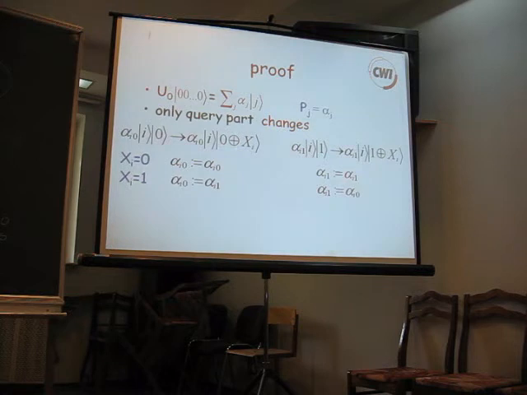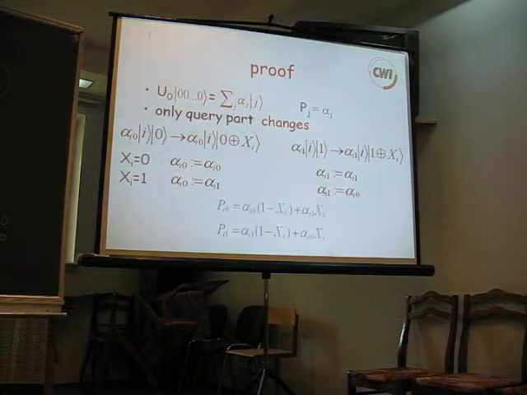So the I1 amplitude now is equal to the I0 amplitude, and likewise the amplitude I0 then becomes what I1 was, right? So if xi is 0, nothing happens. If xi is 1, then these two states, I0 and I1, the amplitude is shifted from one to the other.